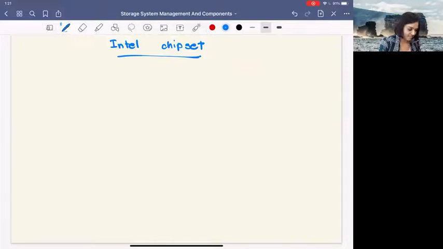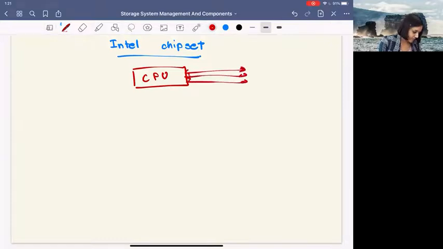Every Intel chipset is different, and that's the proprietary detail or uniqueness of the company, right? So every processor is different by itself, but I'm just giving you a sample of one of them. It still has the same components, which include the CPU, one of the most critical components.